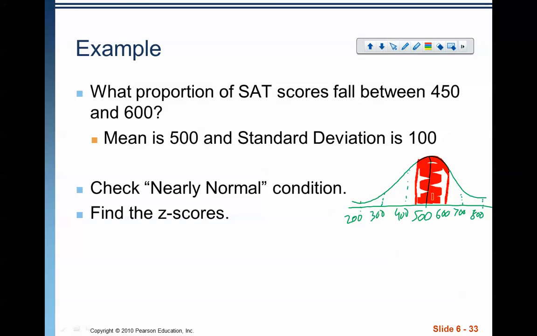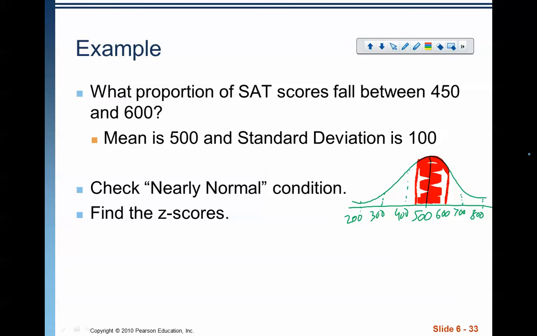So we have this little section right here. That's what we're looking for. So in order to use our calculator to find things, we cannot just throw 450 and 600 into our calculators. It won't do it for us that way. Before we can do anything else, we're going to need to calculate z-scores.